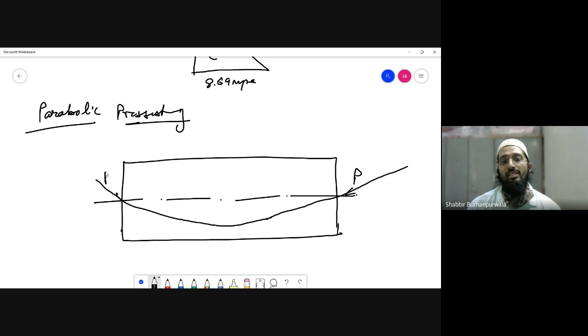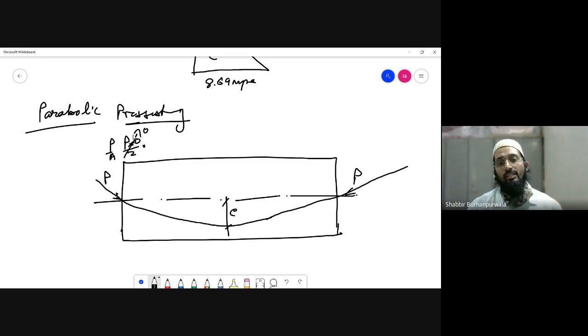Your pre-stressing cable is passing through the concrete, having an eccentricity at the center and is concentric at support. What does this mean? That means at support, P by A is going to be there, but the eccentricity at support is 0.